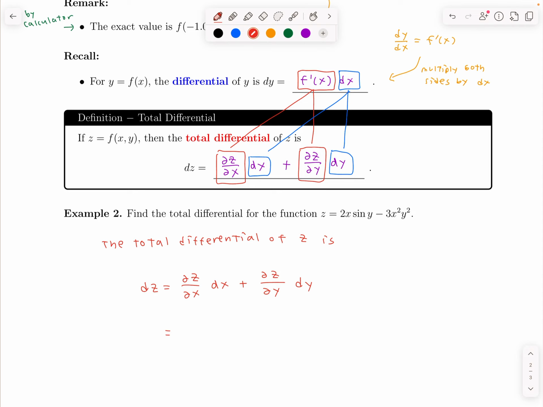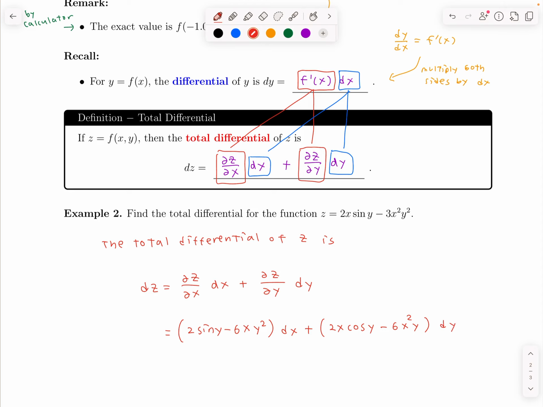So right here, I want to find the partial derivative with respect to x, and that should be 2 sine y minus 6 times x times y squared. And then you multiply by dx plus the partial derivative with respect to y. So I have 2x cosine y minus 6x squared y, and then multiply by dy.